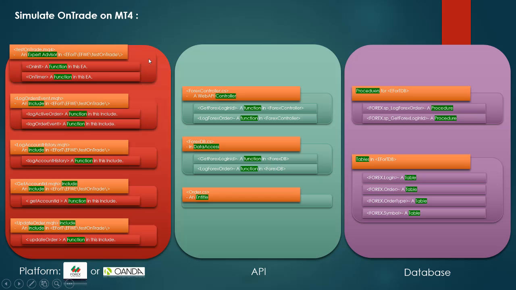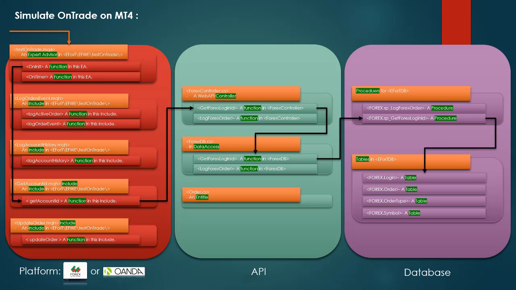This part shows the workflow of how it works. When you go to this EA, in the initial part we launch another include file to get the account ID from our table.